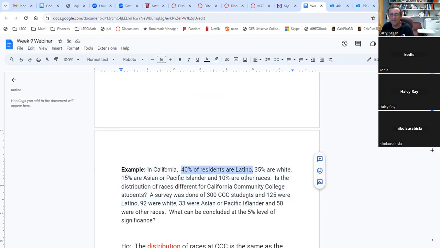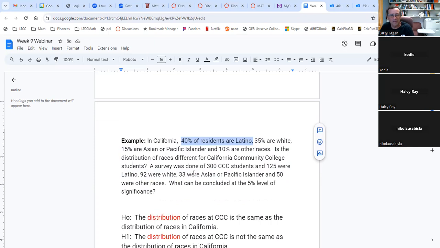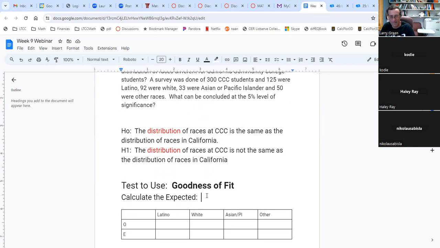Does that make sense? So I take 40% of 300. And by the way, that is 0.40 times 300. You could use a calculator, or I just did it in my head, but you might want to use your calculator. That gives you 120. So that's going to be for the Latino.